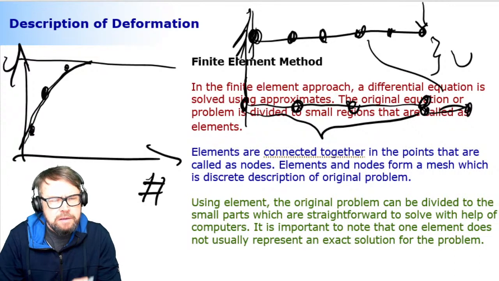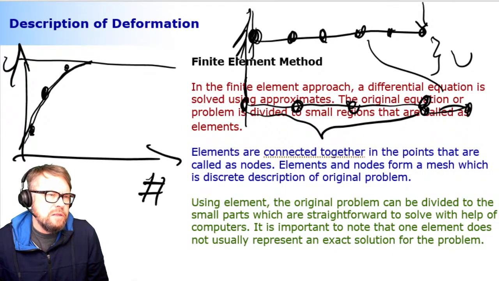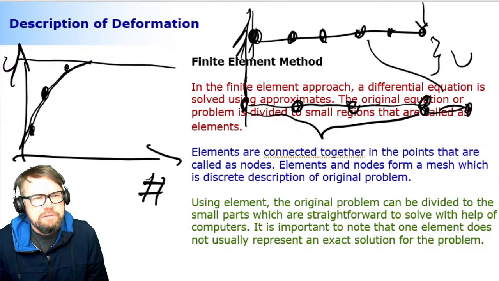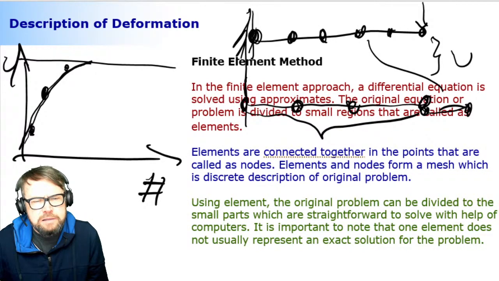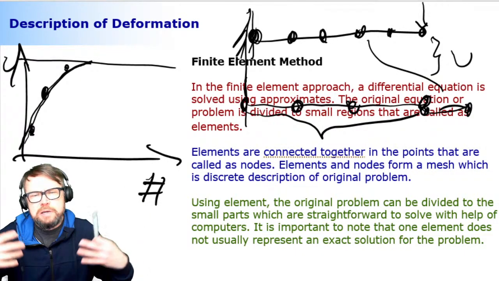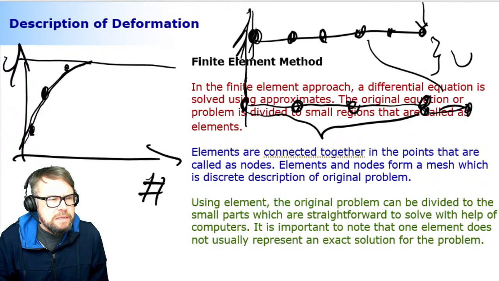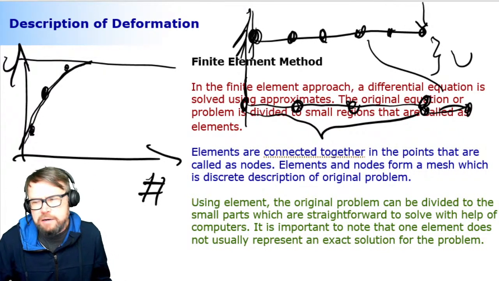But again, keep in mind that you typically need a certain number of elements to get an acceptable solution. 'Certain number' is unclear language, and it's unclear because there's no way to give you specific answers. The reason is that the problem varies. There are so many different variations that there's no way to give you an answer that covers all possible scenarios.